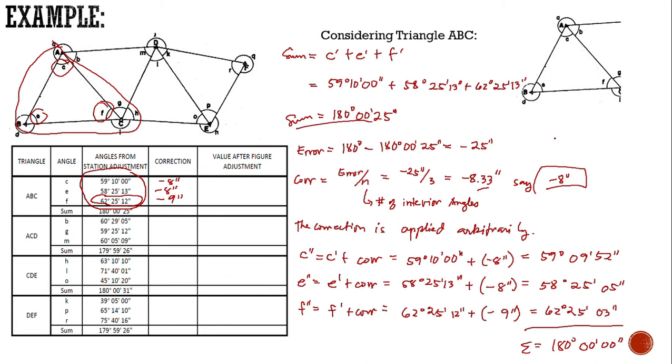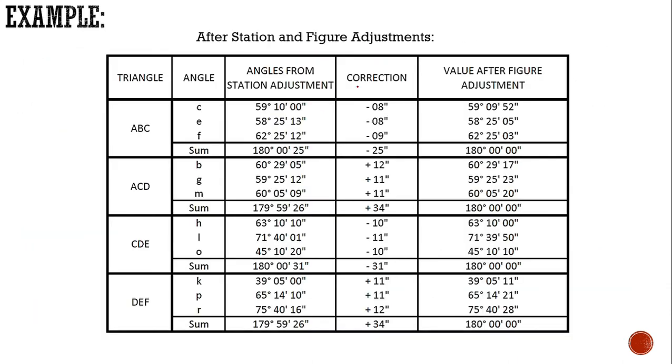Now, you can proceed to triangles ACD, CDE, and DEF by simply applying these solutions that we have discussed. By considering these triangles and adjusting the angles inside them, we will get these answers.